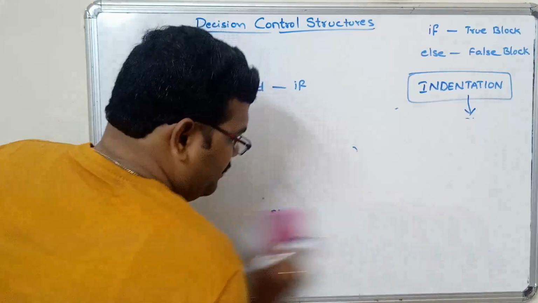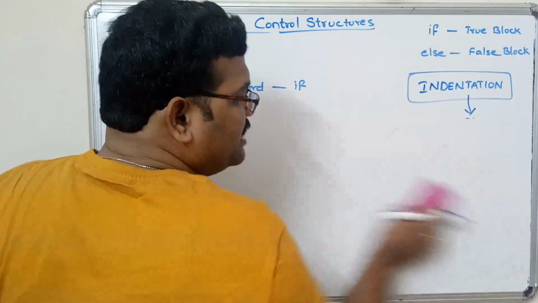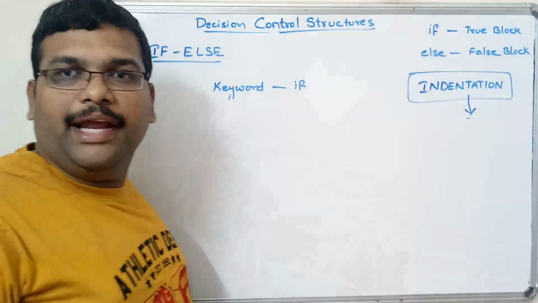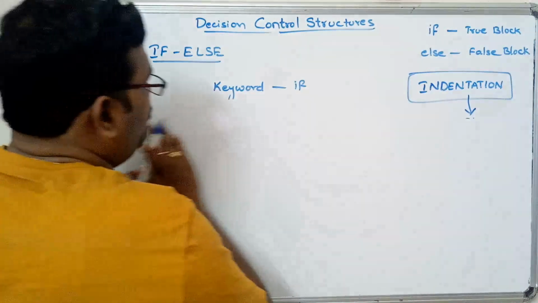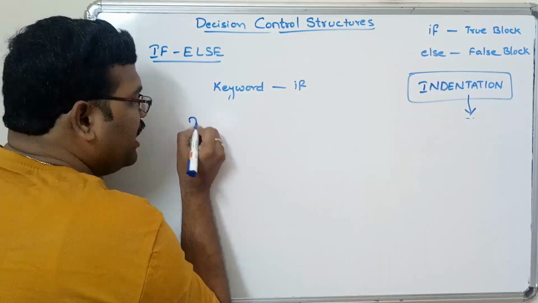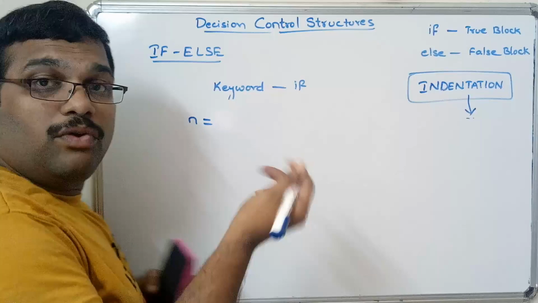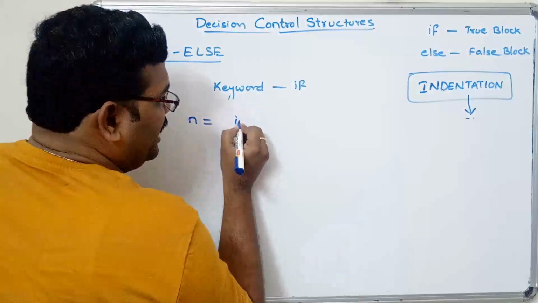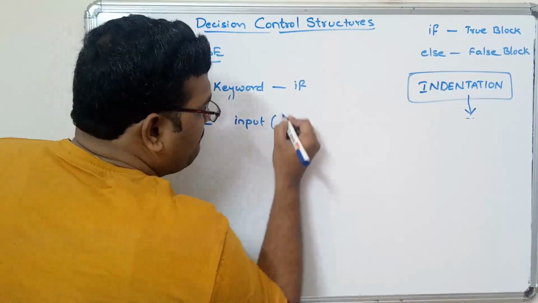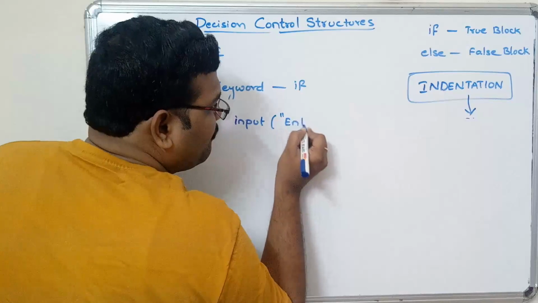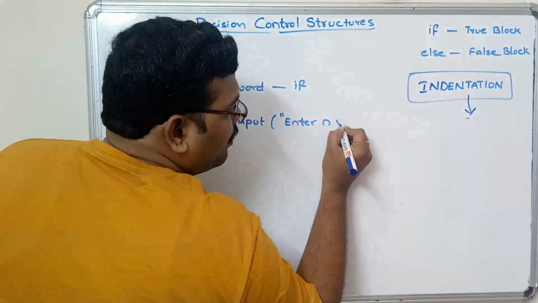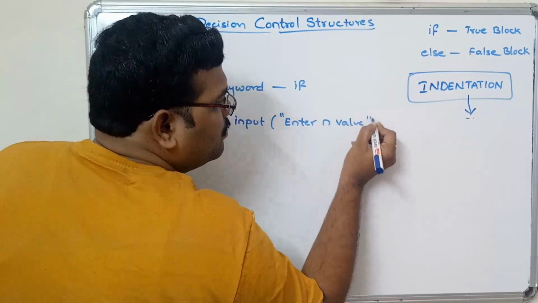So let us check whether the given number is positive or negative. First, again as common, we have to read the n value. So input, enter n value.